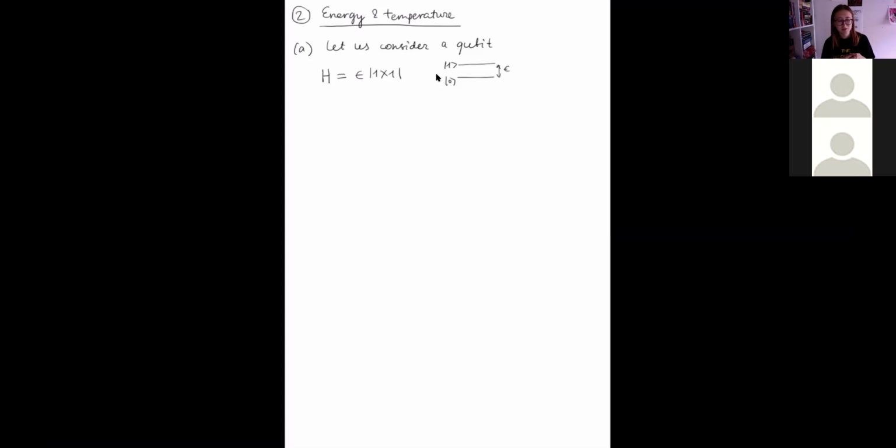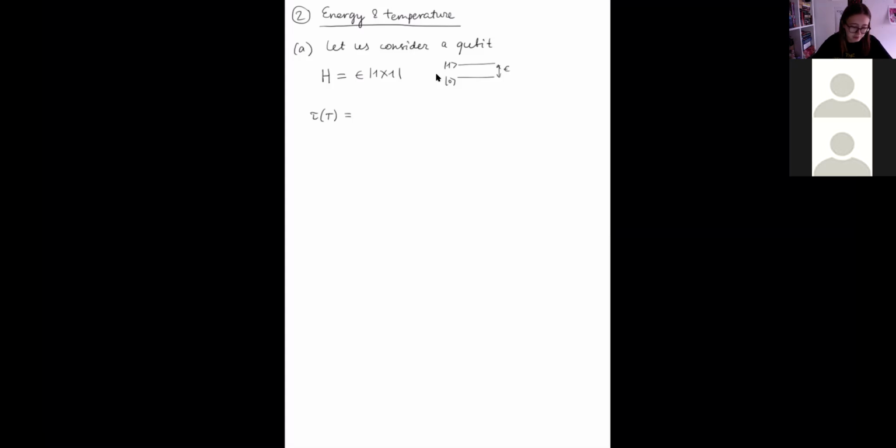So in the density matrix, the term in 0, 0 has to be exponentially bigger than the term corresponding to 1, 1. So these two diagonal terms. And let us confirm our intuition.